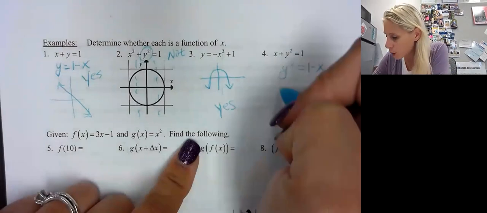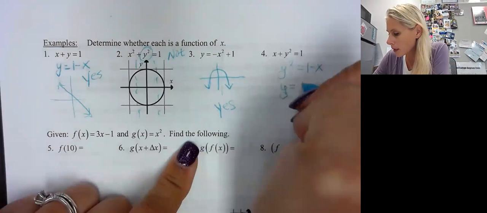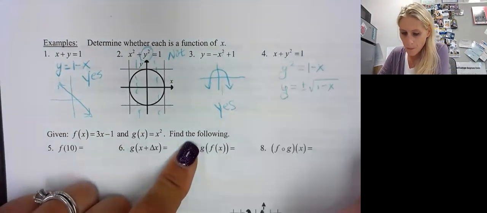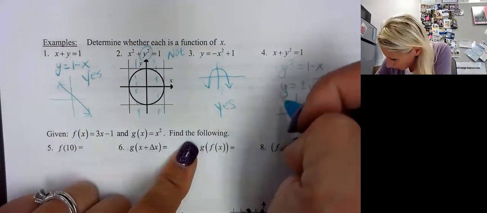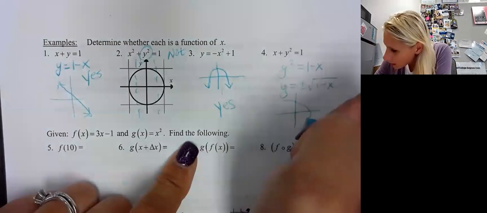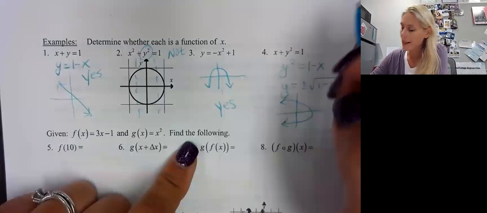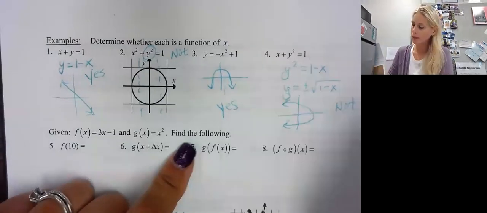To get rid of a square, we take the square root, but we have to remember the square root is plus or minus. So what this ends up looking like is something like this. Now, if we do the vertical line test, it happens that it is not a function.